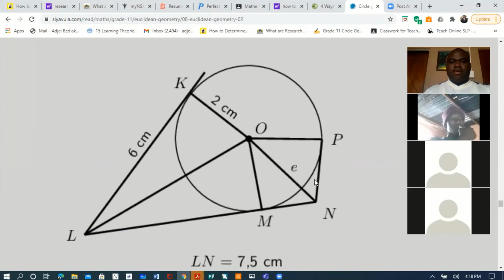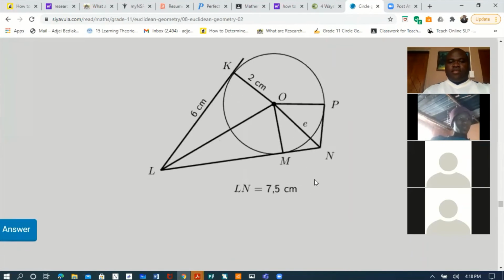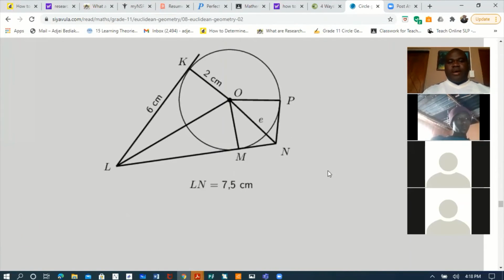It's also a tangent. You see that? So we have 3 different tangents here: tangent LK, tangent LMN, and tangent NP.